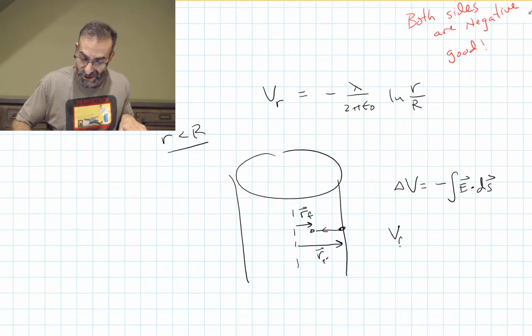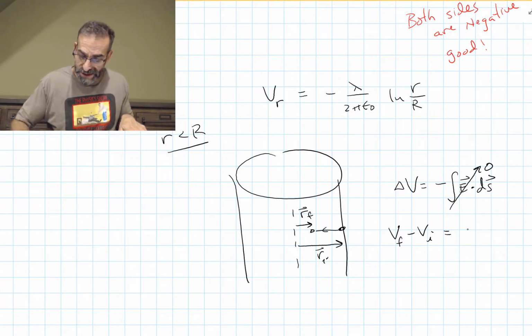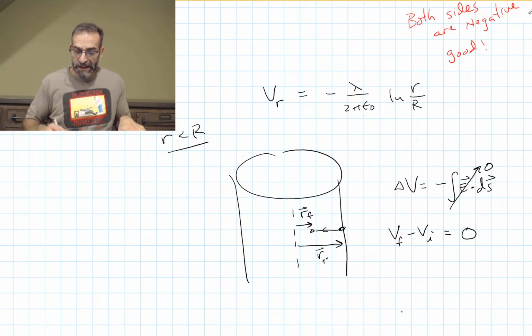This is V final minus V initial. And the right side of the equation is 0. Let's plug in what we know about our electric field. Our electric field is 0 in this region. So the right side of our equation is 0. The change in potential has to be 0.